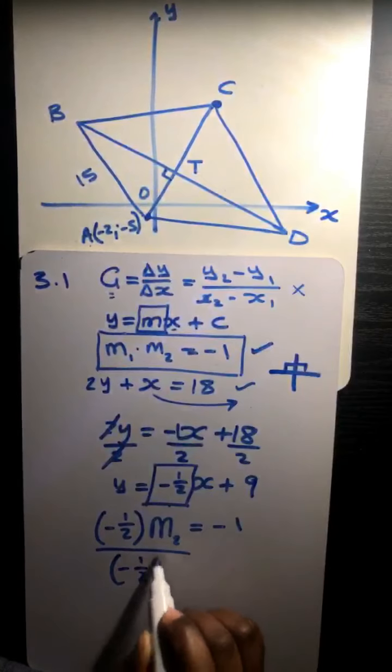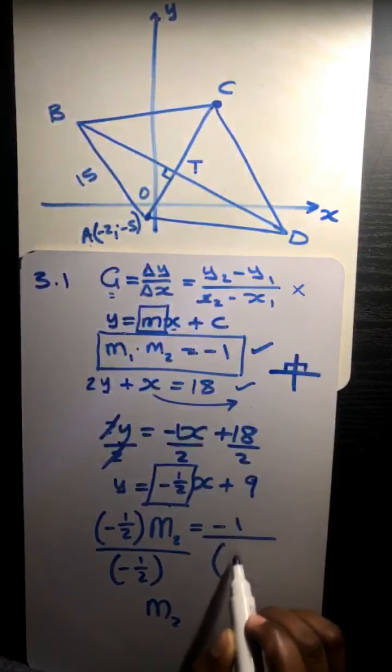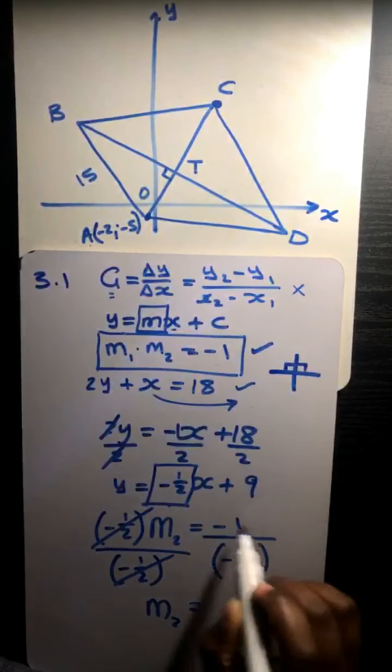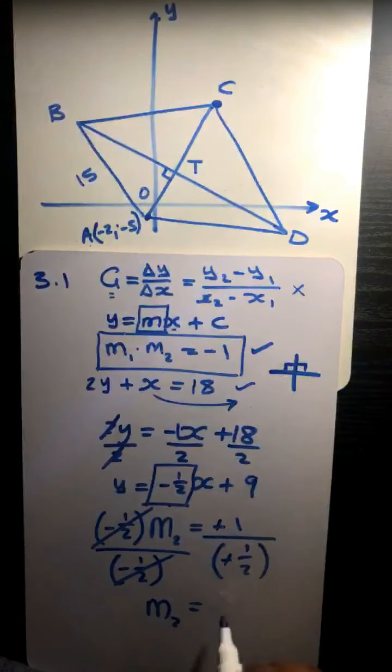We just remove this so that we know what our M2 is. Remember, whatever you do on the left, you do on the right, never forget that, so that it cancels. You are remaining with, what is this? I know that one cancels. I think it's 2. I don't think I'm lying there. Can someone just confirm?